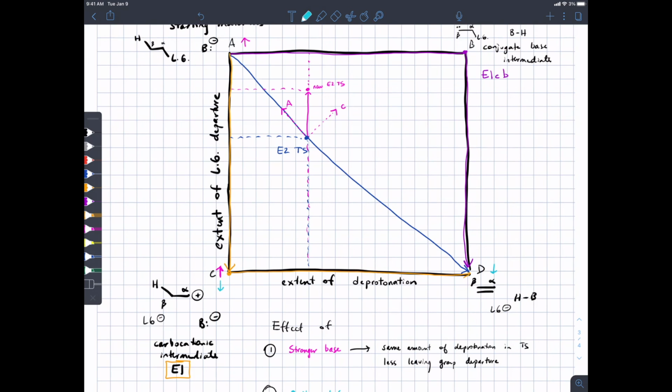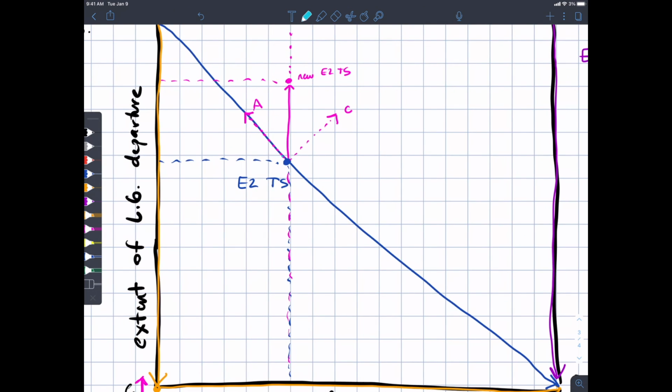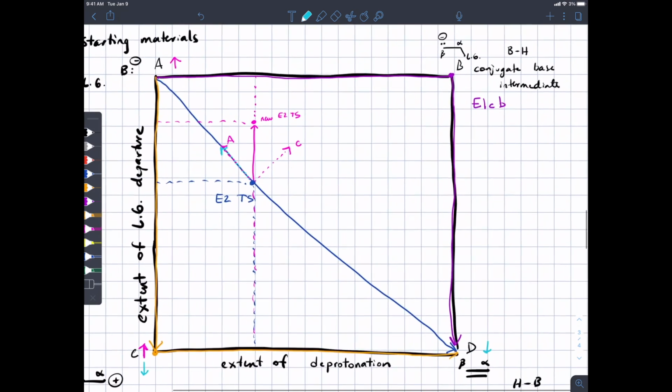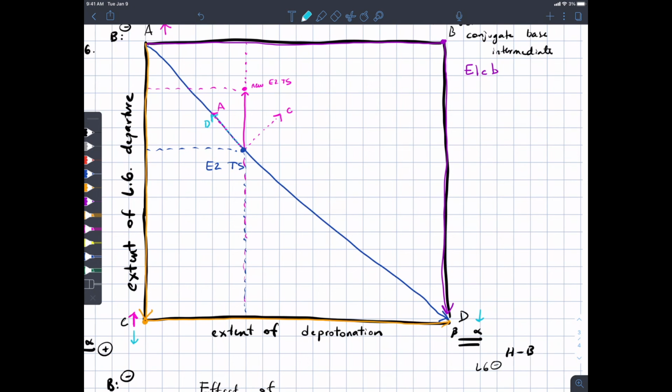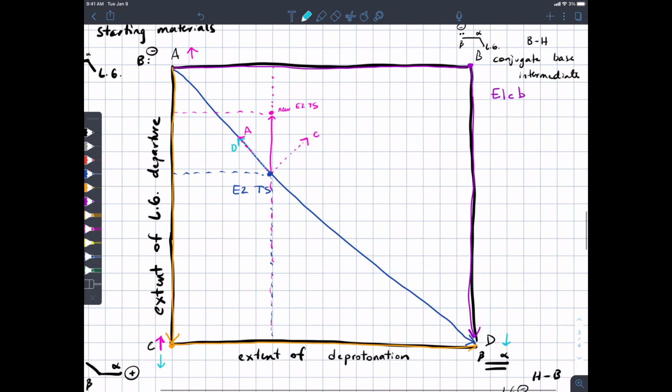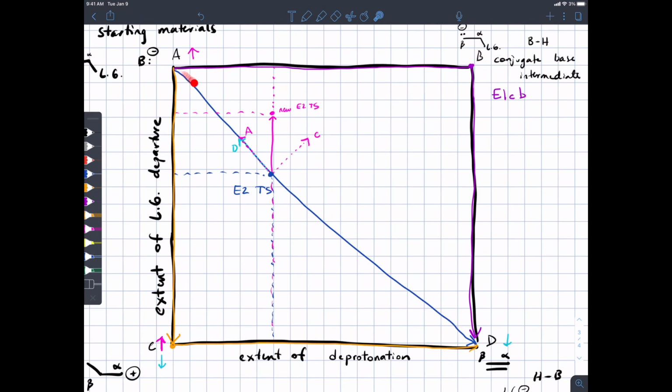So we're going to draw another vector overlaid on this one for A. We'll call that lowering D. That will have the effect, the Hammond effect, of making the transition state closer to starting materials than to products. And that makes sense, again, according to the Hammond postulate, the transition state is most like whichever adjacent intermediate or starting material or product that it's closest in energy to. So if we make this product go lower in energy, the transition state's going to move earlier.